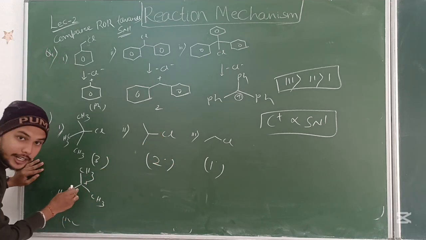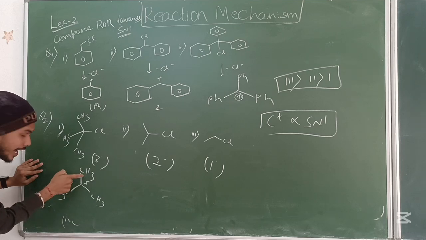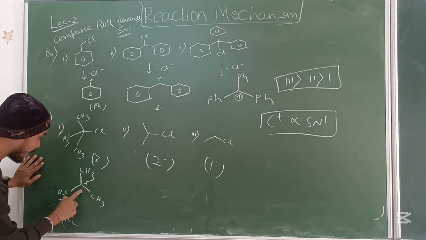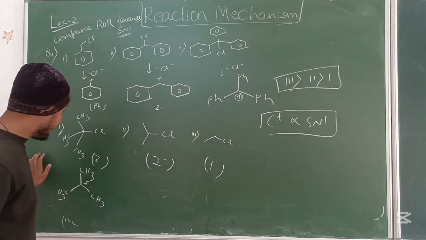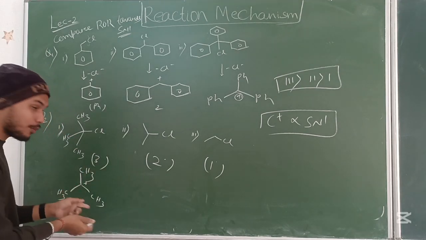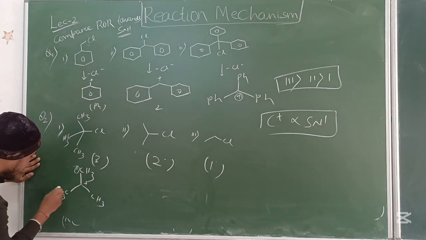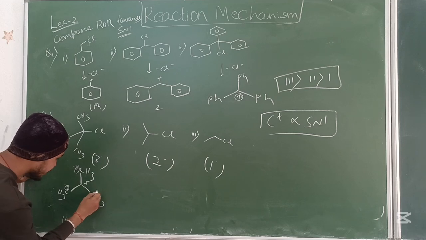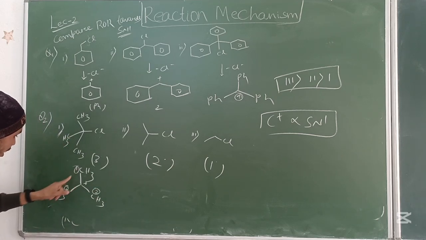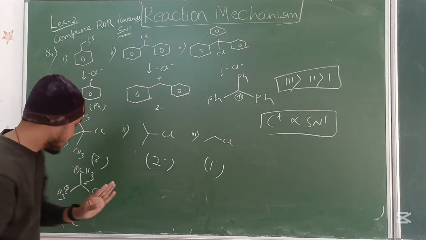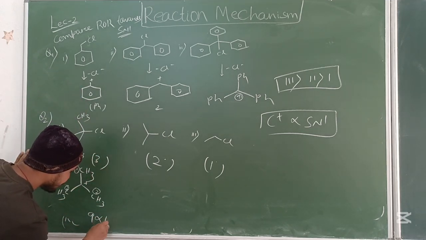The carbon which is directly attached to the carbocation is the alpha carbon. And the hydrogens attached to the alpha carbon are the alpha hydrogens. So here one alpha carbon, second alpha carbon, third alpha carbon. These 3 alpha carbons have 9 alpha hydrogens.